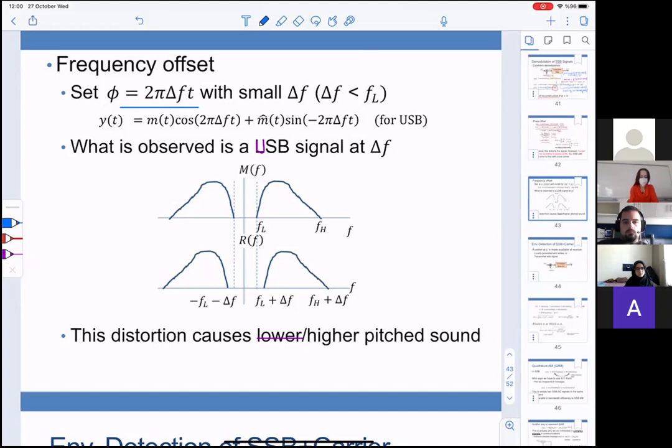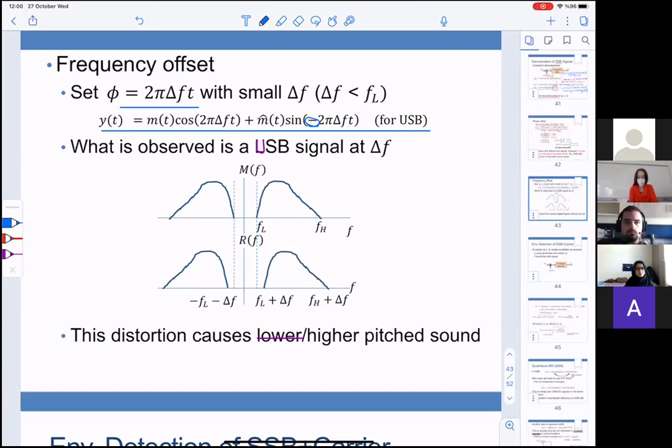Then our recovered signal, if the original modulated signal was upper sideband, will look like this. Now this thing, because there's a minus here, is itself an upper sideband signal.